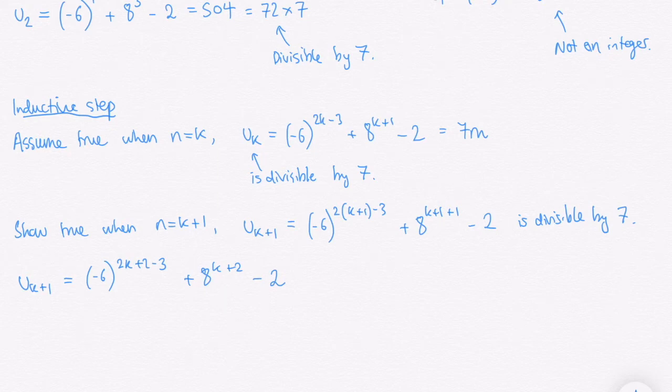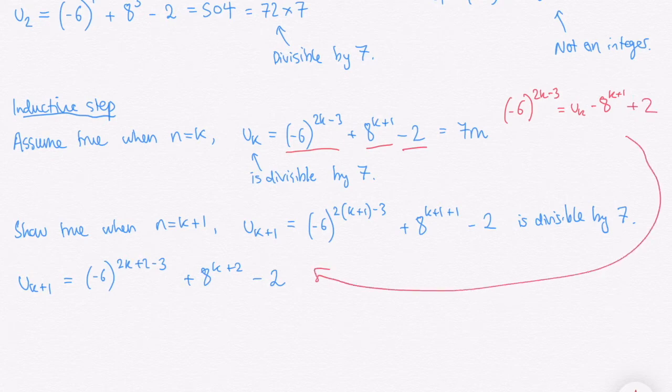And we can use a similar idea as before, and it doesn't really matter whether we take the negative 6 to the 2k minus 3 in our assumption, or 8 to the k plus 1, or even the minus 2. We're just going to make one of these things the subject. So I'm going to make negative 6 to the 2k minus 3 the subject. So what is that equal to? Well, that is equal to u_k, subtract 8 to the k plus 1, add 2.